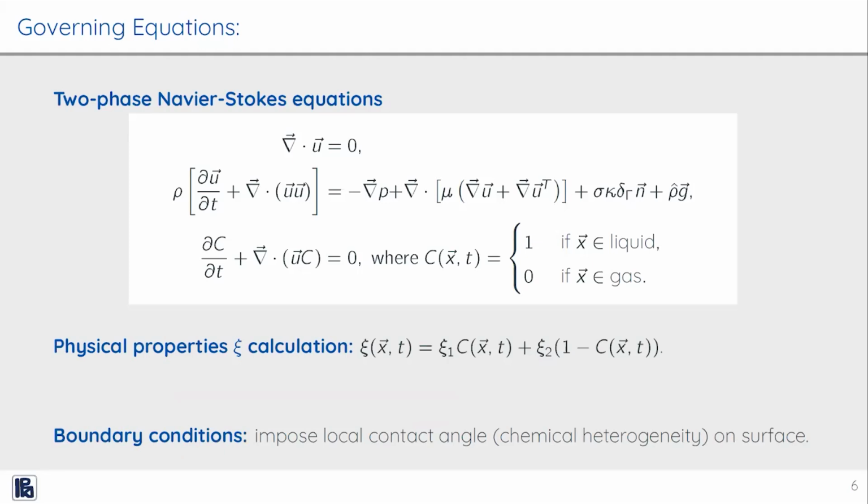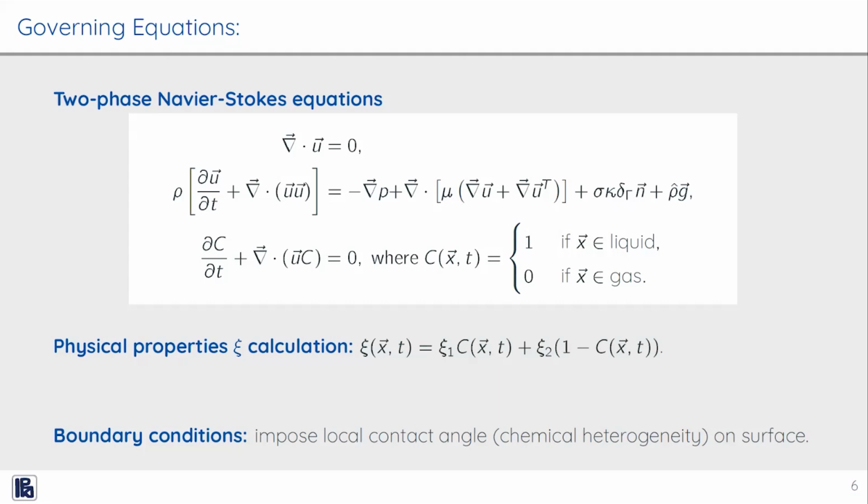Now, for the data generation, we use the two-phase Navier-Stokes equations, the continuity, the conservation of momentum with the surface tension term here and the gravity term, as well as the advection of a color function, which identifies the liquid and the gas.